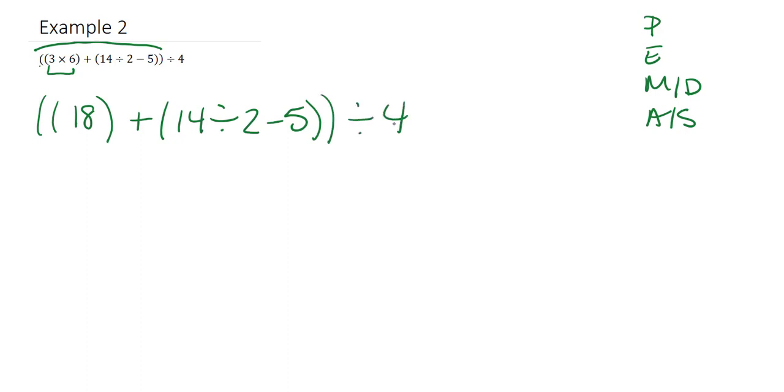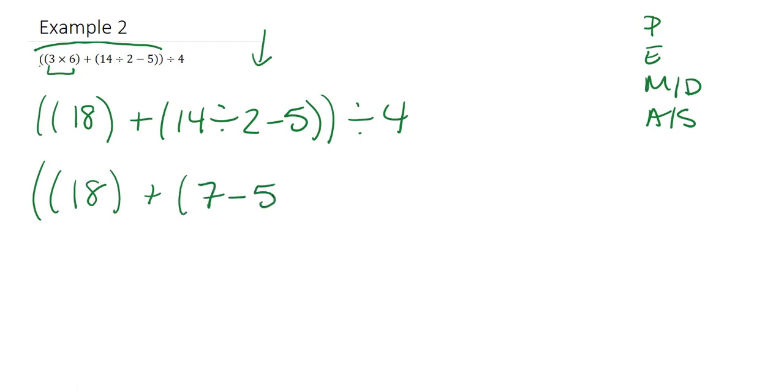Since we're dealing with the order of operations, we're in parentheses. There are no exponents, so we don't need to do that. Then it would be to multiply or divide. We divide, because we have 14 divided by 2, which is 7.